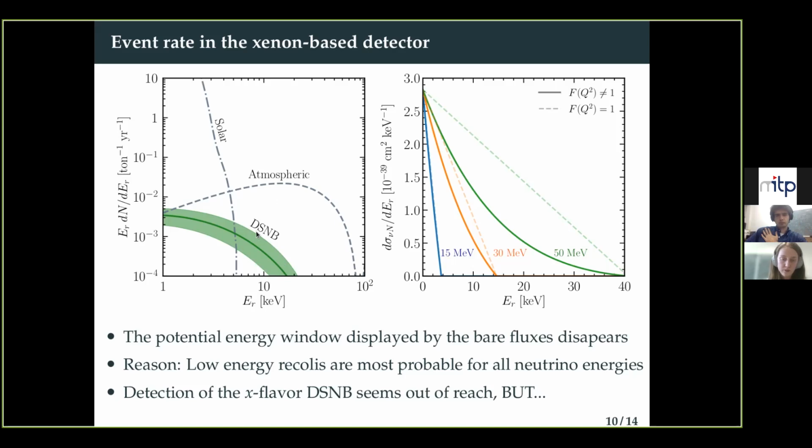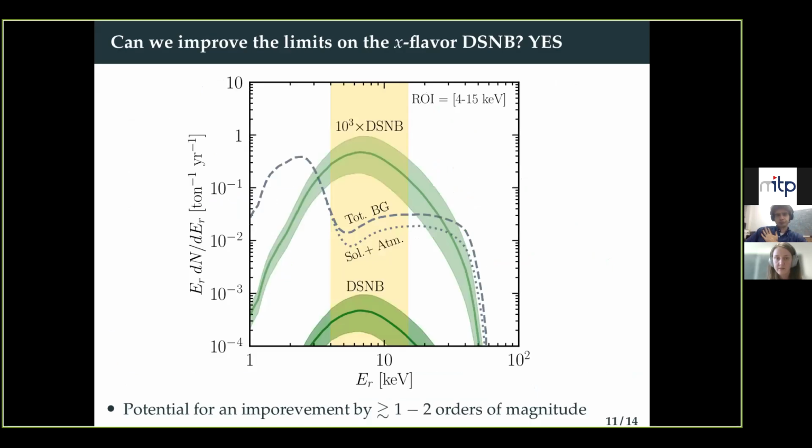So from here, it looks like the detection seems to be out of reach, but can we improve the limits on the X-flavor component of the DSNB? And for that question, the answer seems to be yes, we can. If we again look at the event rate, but now also convolve with the detector effects, we can see that the DSNB is still below the thresholds, below the backgrounds.